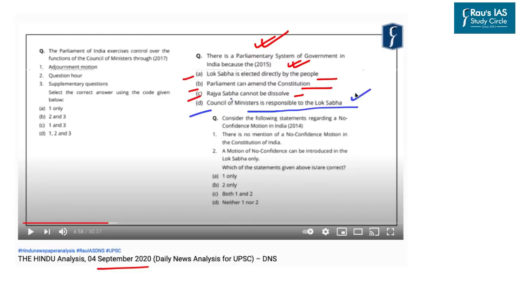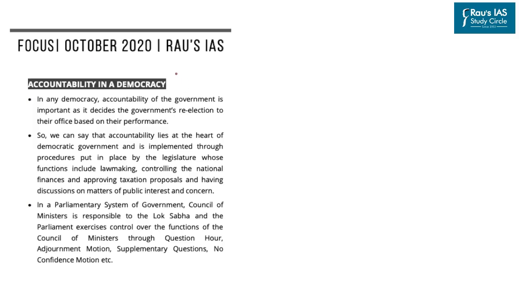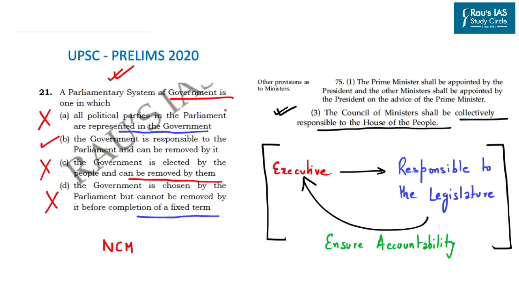So here the correct answer was D. And this aspect of accountability in a democracy and also parliamentary reforms was also covered in the October 2020 edition of Focus magazine. Thus, we see that a number of questions in the past have also been asked by UPSC on the concept of the parliamentary system of government.